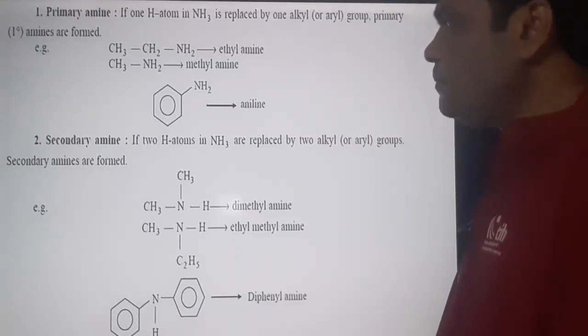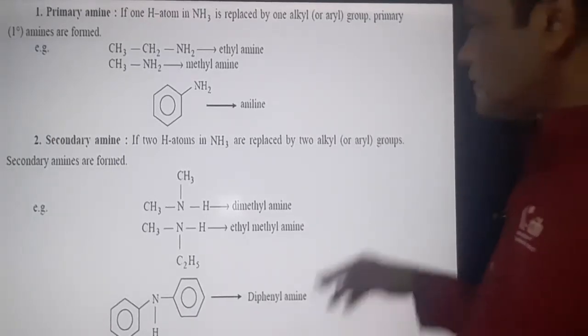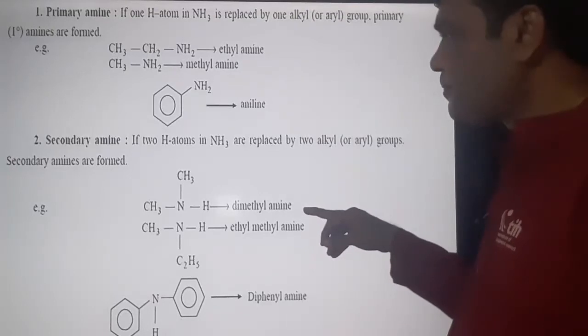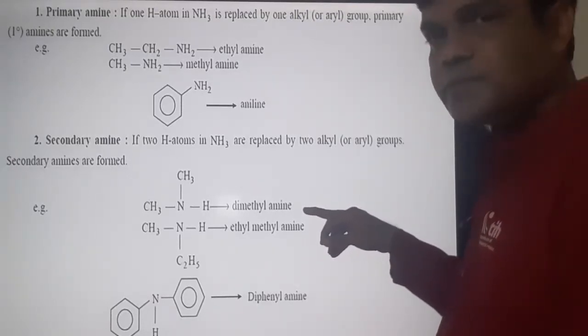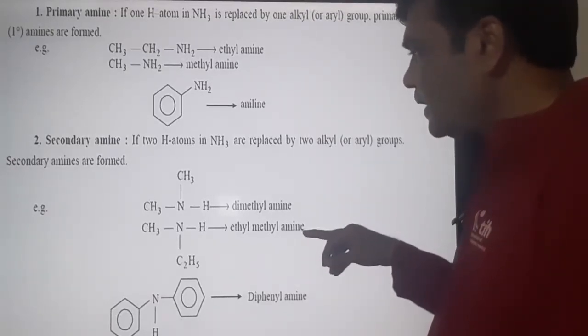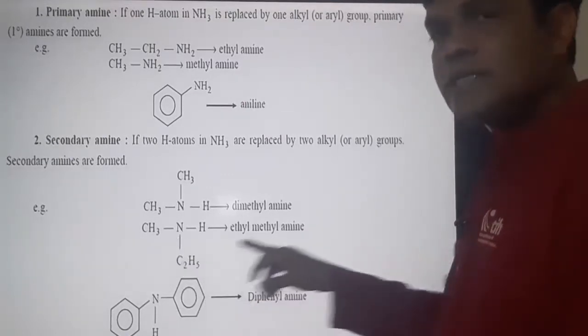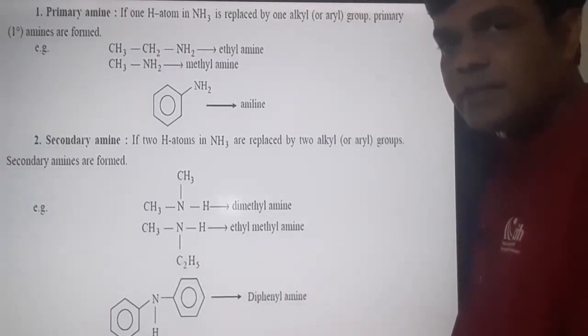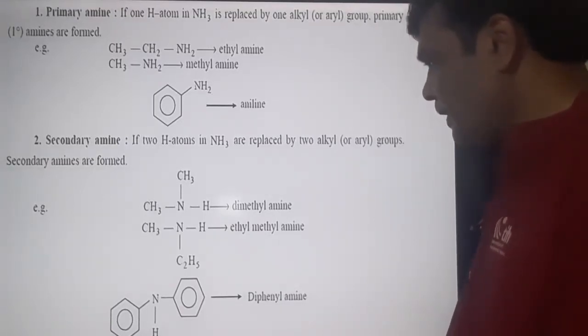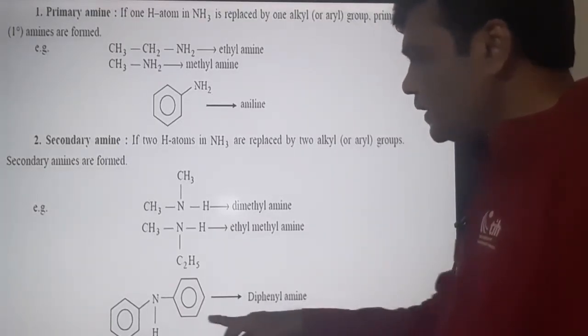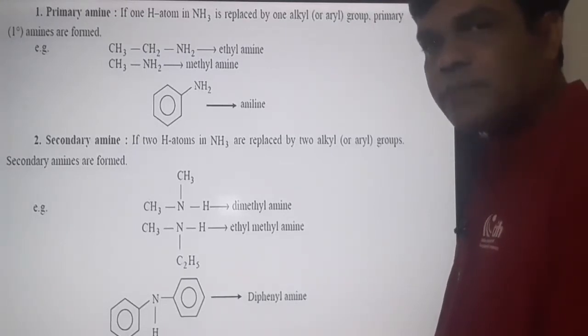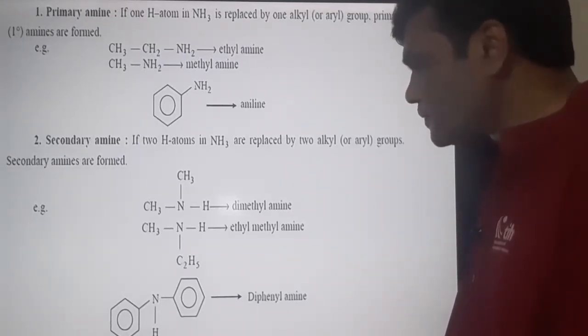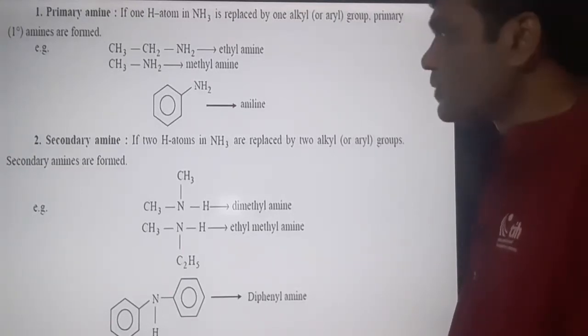Now secondary amine examples, it is a dimethylamine because two methyl groups are there. Here one methyl and one ethyl group is there, that's why it is ethylmethylamine. I am talking about the common nomenclature only. And here the two hydrogens of ammonia are replaced by two phenyl groups, that's why it is diphenylamine.